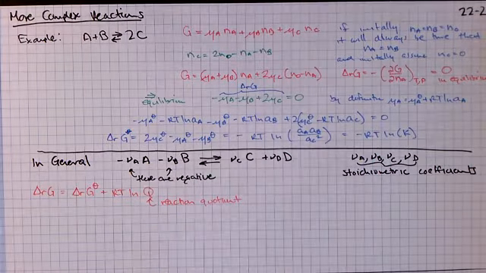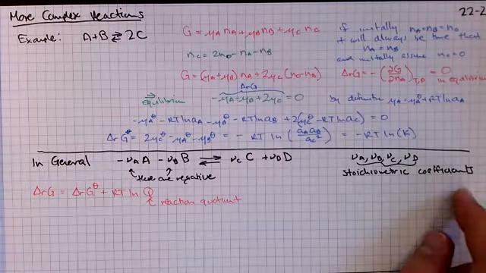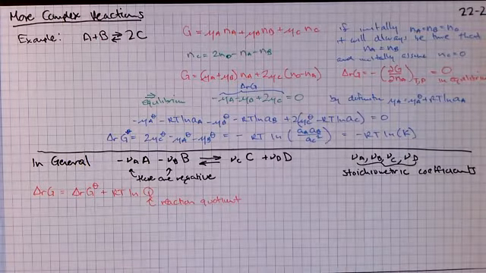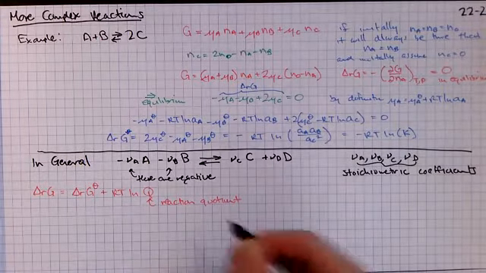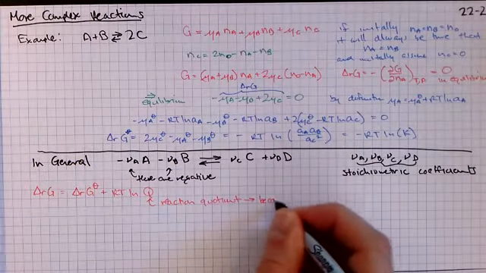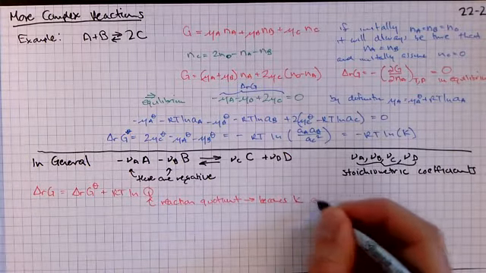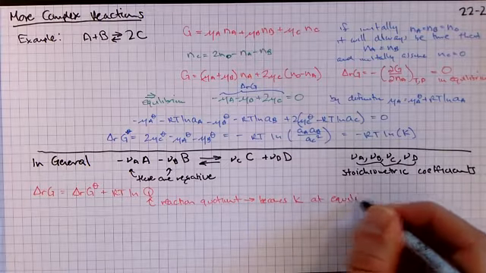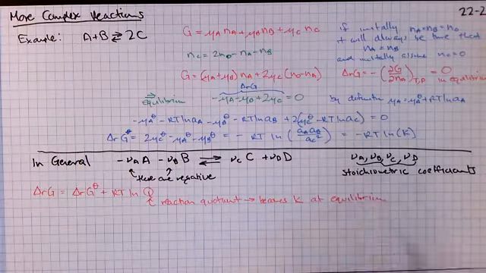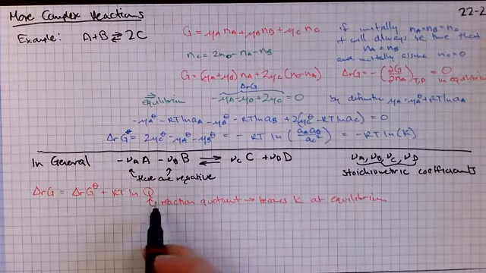And note that it's different than K in that K was our equilibrium constant, so the reaction quotient becomes the equilibrium constant at equilibrium. But we're not going to assume that we're at equilibrium yet, so Q is going to be a bit more general.